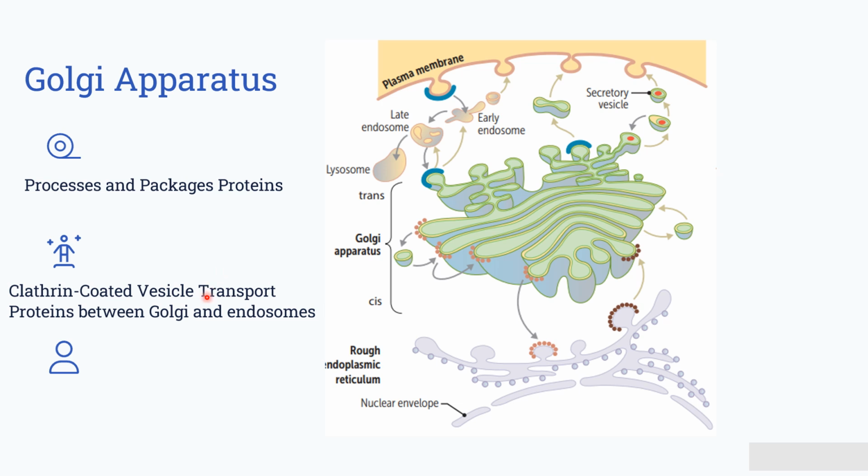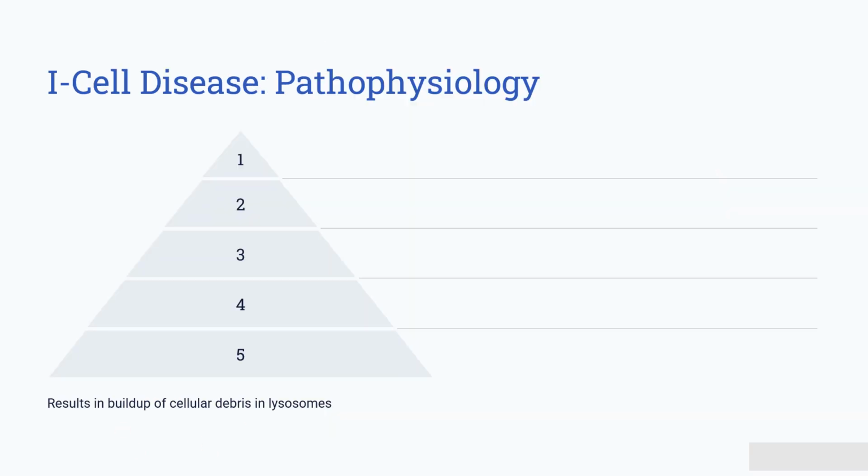The clathrin coated vesicle transports proteins between the Golgi as well as the endosomes. From the Golgi, the proteins are all produced and they are transported. This is the main defect that happens in I-cell disease. I will tell you in detail about I-cell disease now. I-cell disease is an inherited lysosomal storage defect.